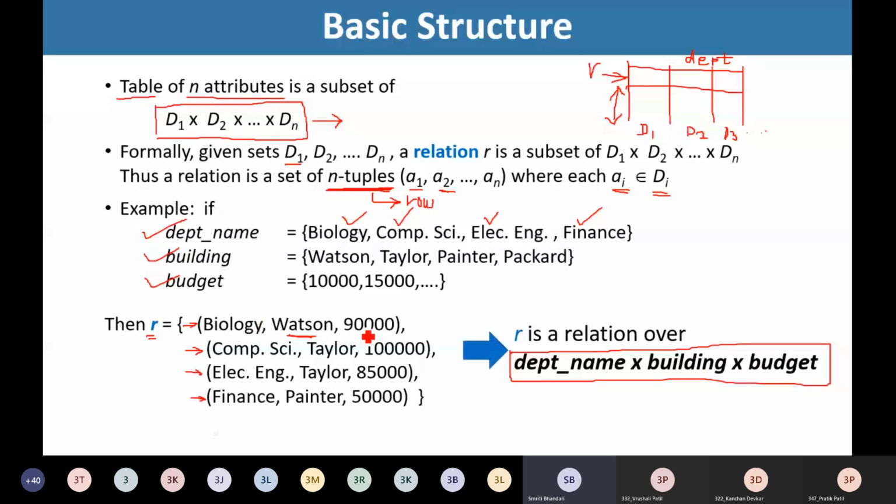Right? So every value of a tuple is being picked up from the respective domain. And a relation R is a subset of Cartesian product of respective domains.